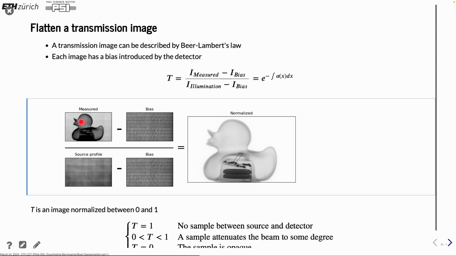So in principle, what we get is we have the measured image minus the bias, we have the source image minus the bias, and then we can normalize it. And once we have normalized it, we don't have any structures anymore in the image, and the value should be between 0 and 1, because the intensity cannot be increased more than the illumination itself.